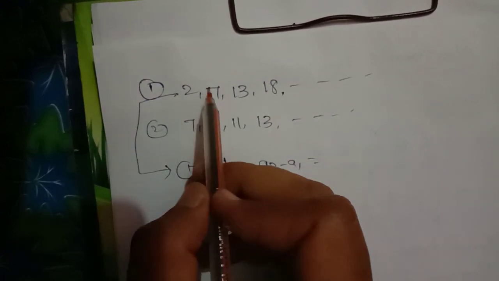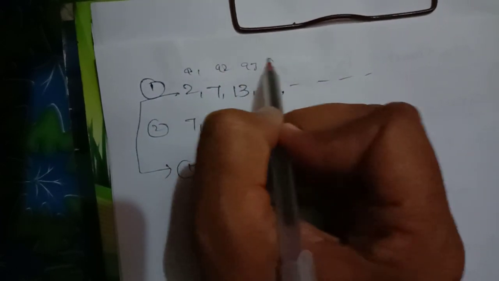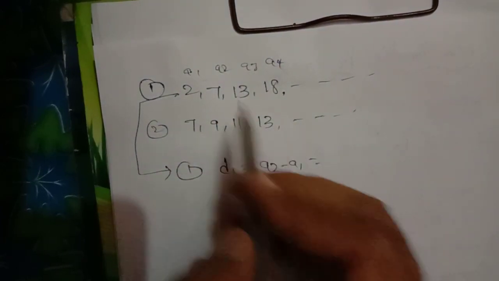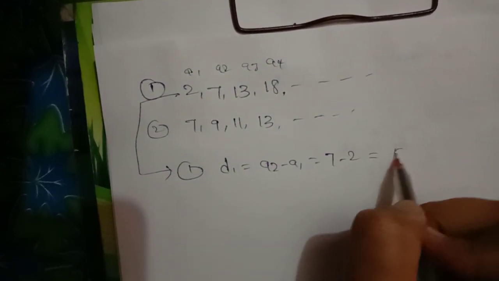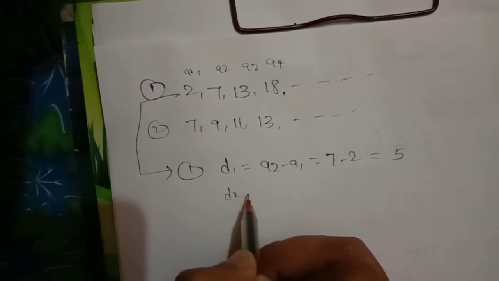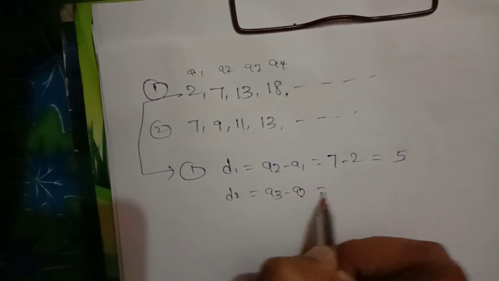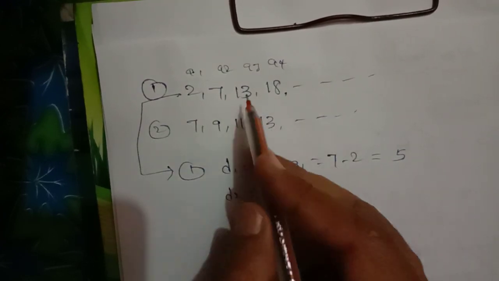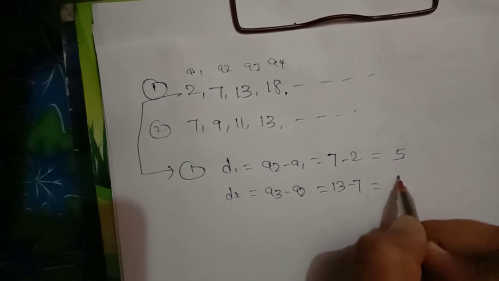So in this you can write a1, a2, a3, a4. Here a2 minus a1 means 7 minus 2. The difference is 5. To find d2, a3 minus a2. So a3 is 13 and a2 is 7. 13 minus 7, so the difference is 6.